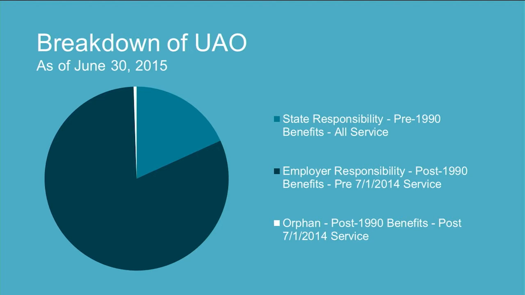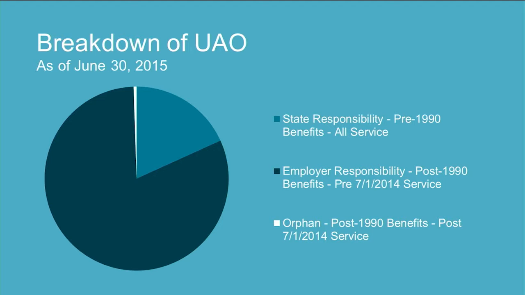The board today has the authority to adjust the state rate and the employer contribution rate. When you adjust the state contribution rate, as per the funding plan, the state is responsible for any unfunded actuarial obligation that may occur for the pre-1990 benefit structure.